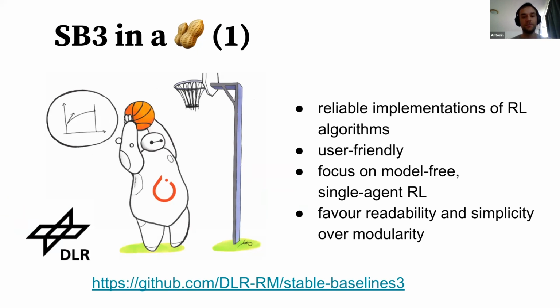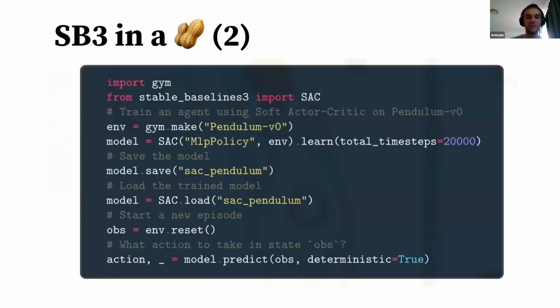The last thing we focus on, and that makes us different from other libraries, is that we favor readability and simplicity over modularity. So we don't have many modular components. We mostly have implementations that are not self-contained, but almost self-contained.